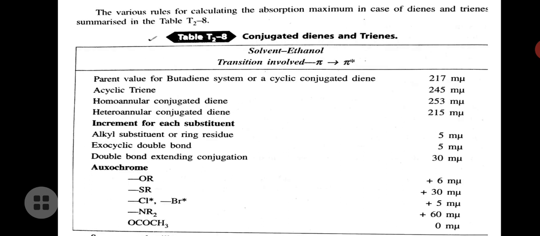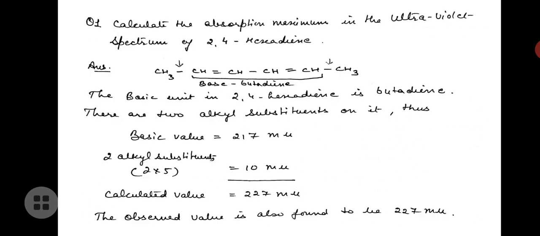In the table, for an alkyl substituent, it is 5 millimicron. Here there are 2 alkyl substituents, so it becomes 2 into 5 equal to 10. So add them. The calculated value is 227 millimicron. The observed value is also found to be 227 millimicron.